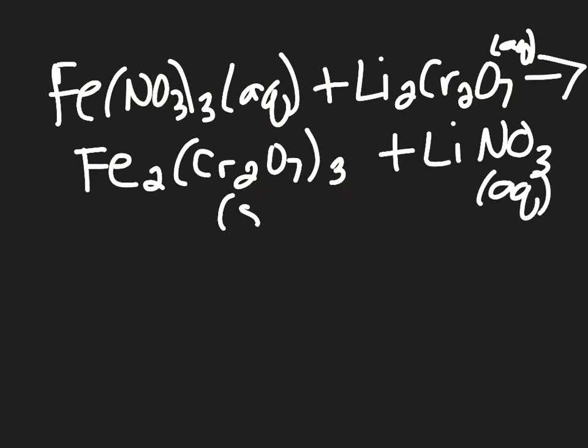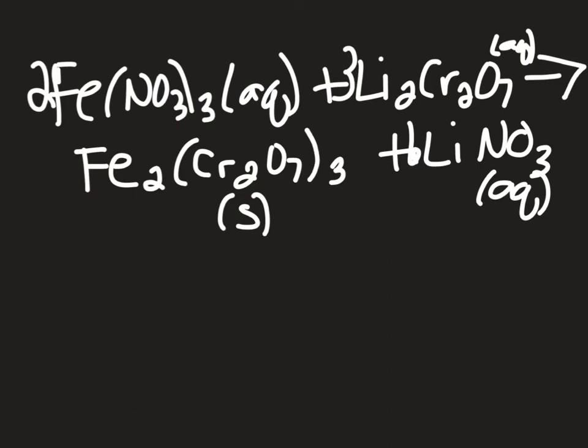That means this guy is going to be our solid. We're going to now go through and balance our equation. So we've got 1 iron, 2 irons. So I'm going to put a 2 in front of this. That gives me 6 nitrates, so I'm going to put a 6 there. That gives me 6 lithium. I need a 3. That gives me 3 dichromates. We're good.